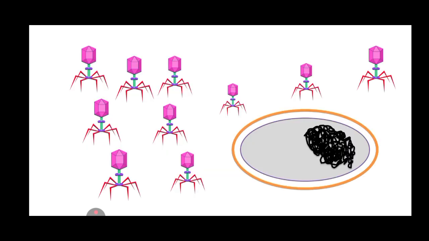Right. So remember, you are growing a bacterium in a laboratory within a nutrient medium, right? And here the bacteria is surrounded by numerous virus particles. How is it possible for a virus to grow in a synthetic medium? Because we know that viruses are obligatory intracellular parasites. They can grow only in the presence of a living cell.